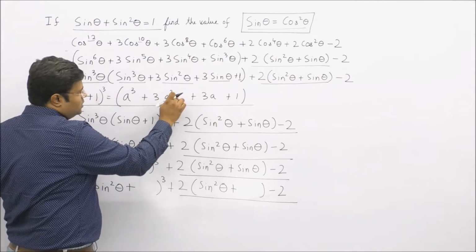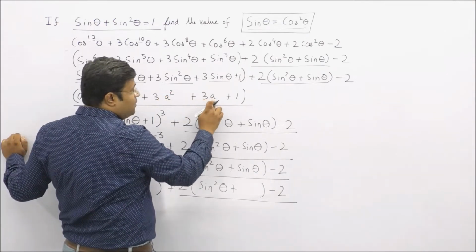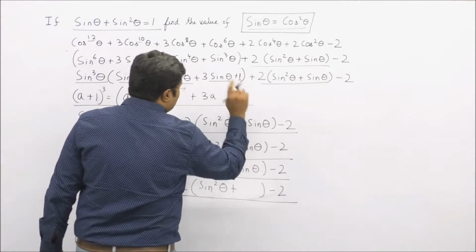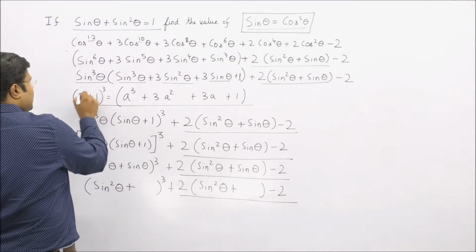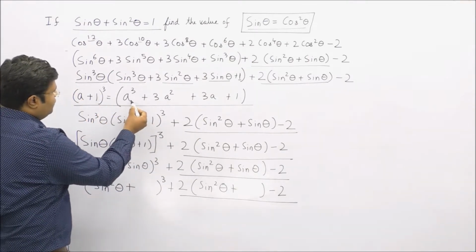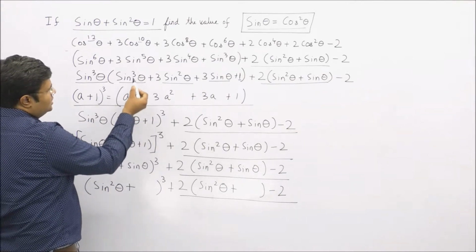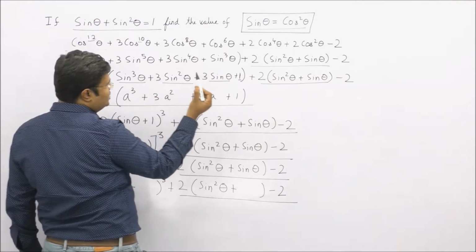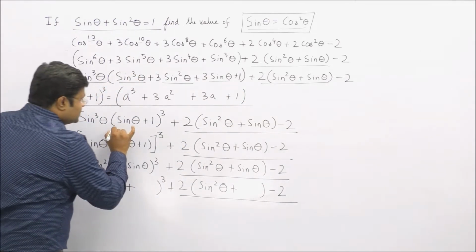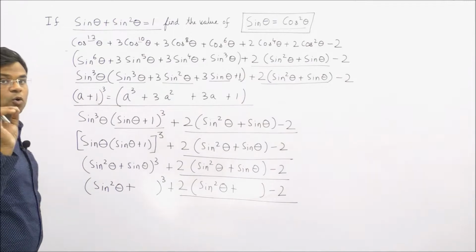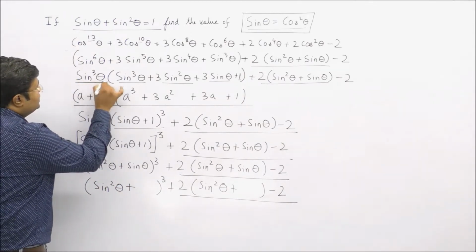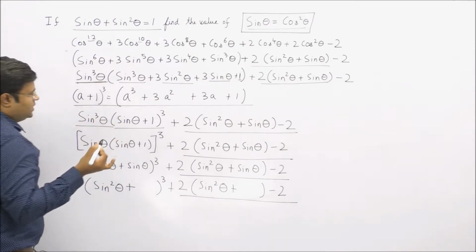So b is 1, so it will be just 1, plus 3a b square. b is 1, so 1 square is also 1, plus b cube, which is 1. So this is actually a plus b the whole cube. Now see, instead of a, if I take sin theta, this is just the formula, sin cube theta plus 3 sin square theta plus 3 sin theta plus 1. So this is sin theta plus 1 the whole cube. Along with it, we have already this sin cube theta outside.